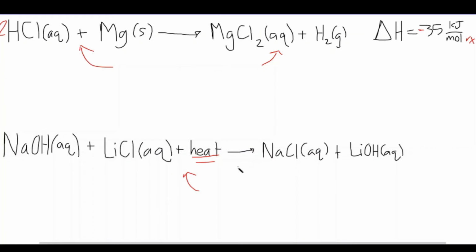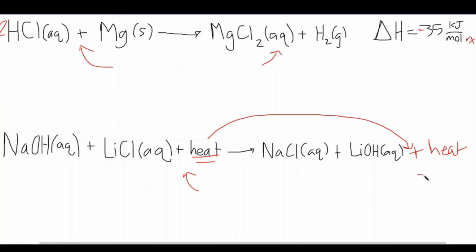And now, if the heat was instead moved somewhere here, then we would be looking at an exothermic reaction. And so that is how we would find delta H values, or whether a reaction is endothermic or exothermic.